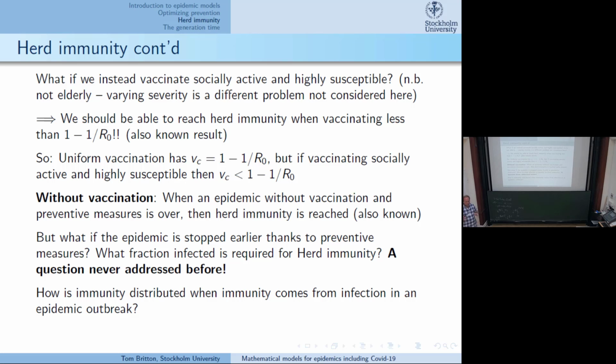Probably a bit of both, but probably the socially active people will be overrepresented. So immunity spreads not as well as in the optimal vaccination version, where you only vaccinate the socially active, but immunity spreads to our favor compared to uniform vaccination.